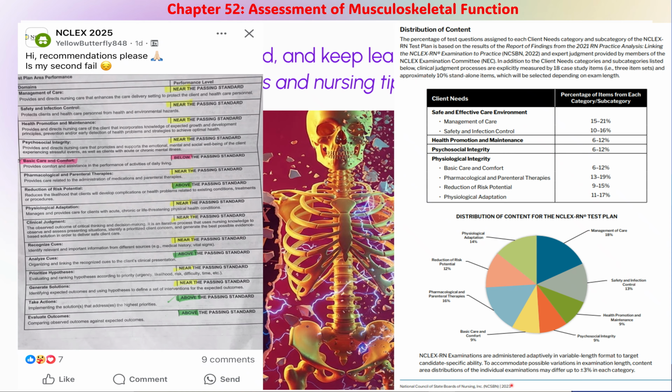So to look more in depth, go below and download these, or just go to the National Council of State Boards of Nursing, and you can see kind of a study guide, I call it, and you have an idea.